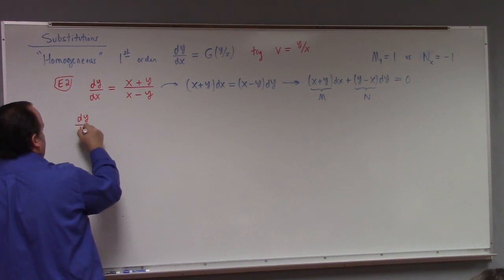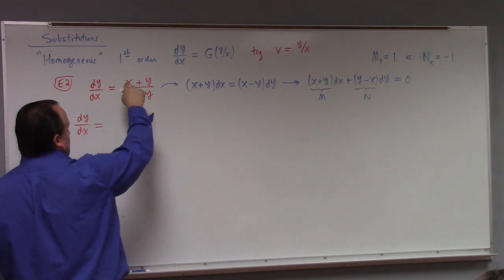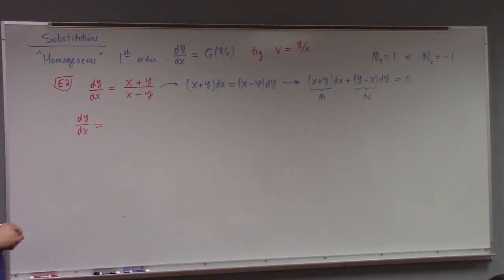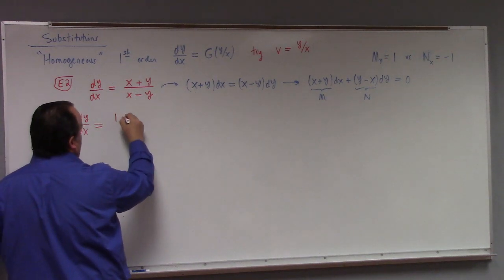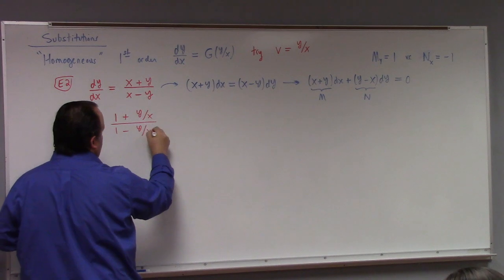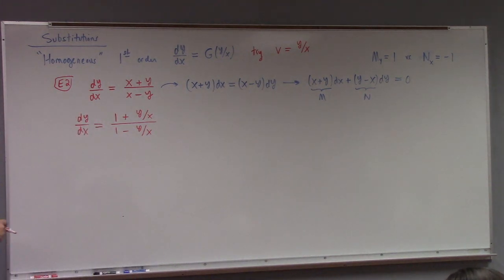Manifestly so. dy/dx is equal to, let's see, how about if we take this fraction and we divide by x, top and bottom. So that gives us (1 plus y over x) over (1 minus y over x). Now this is manifestly of the form I was talking about. It's a function of y over x, right?